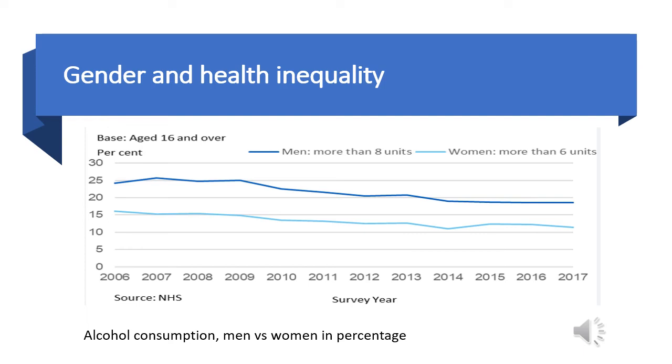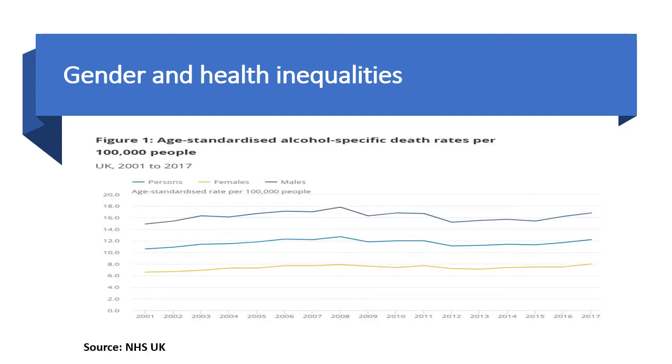So there is a gender orientation that affects this behavior of alcohol consumption, and as a consequence, the risk of hepatic diseases and various comorbidities from alcohol consumption might be increasing in women compared to men.